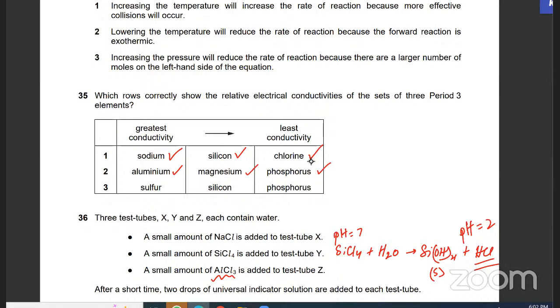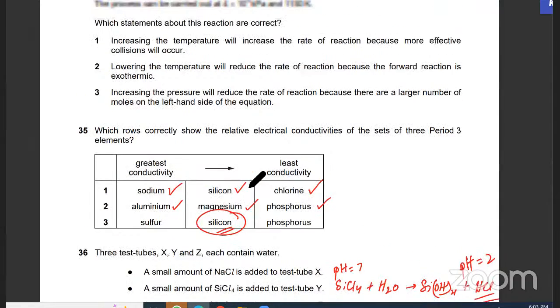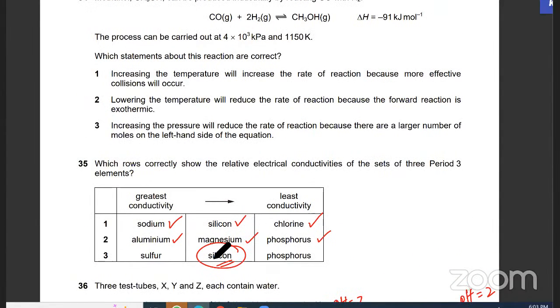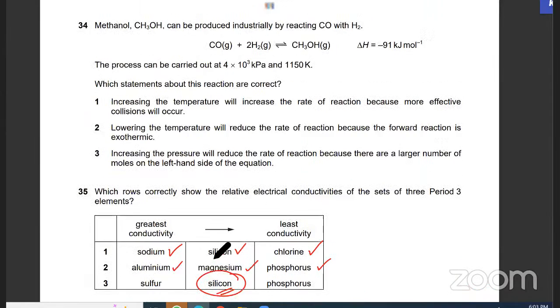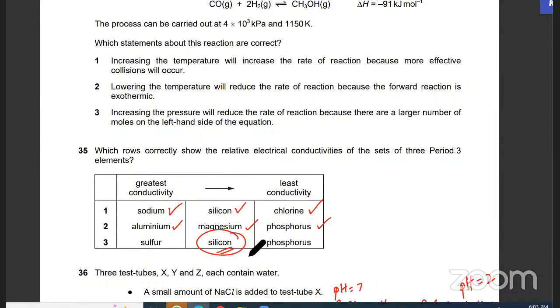It is wrong. Why is it wrong? Because silicon is a semiconductor. Silicon is actually a semiconductor, it conducts moderately. Not a good conductor, but not a very bad conductor either. So if they're all non-metals, silicon must be at the top.